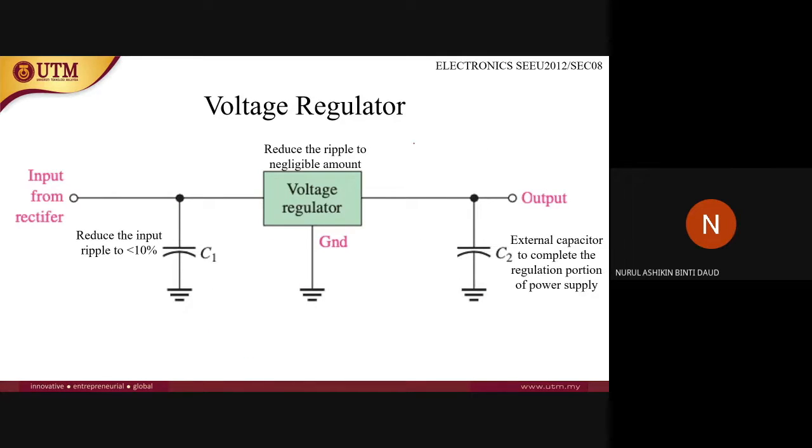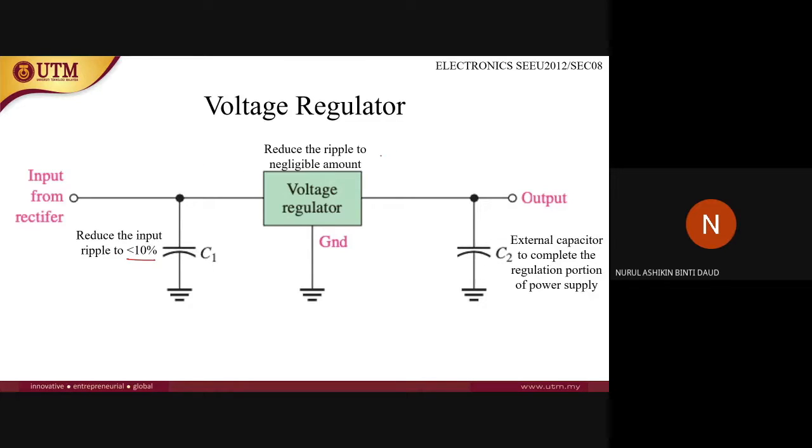So this is an example of a voltage regulator. The input from the rectifier, the input waveform, will go through the capacitor, which will reduce the input ripple to less than 10%.